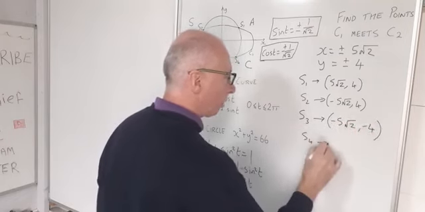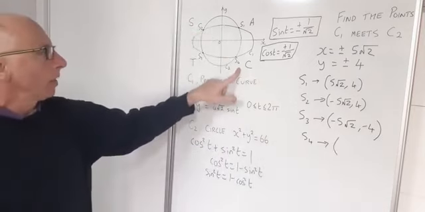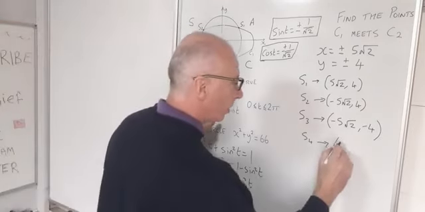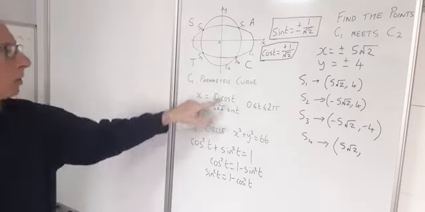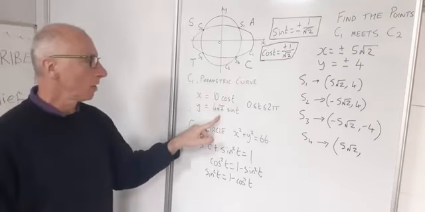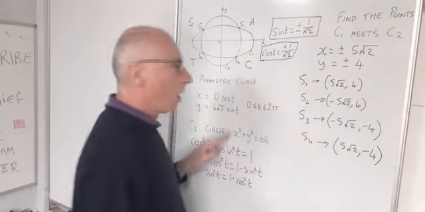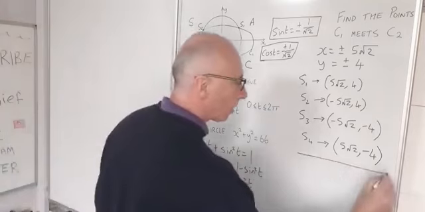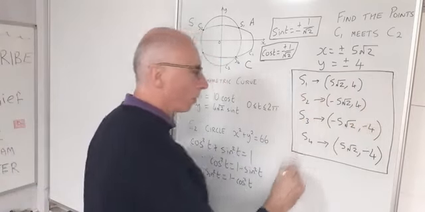And for S4, I'm going to have this one here where the cosine is positive, so my x is positive, so that's 5 root 2. And my y coordinate here is going to be negative, so it's going to be minus 4. Okay, so those are the coordinates of the meeting points of curves C1 and C2.